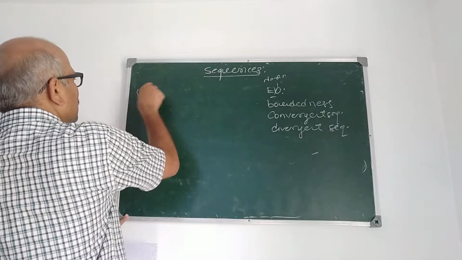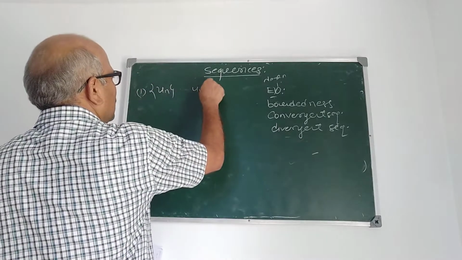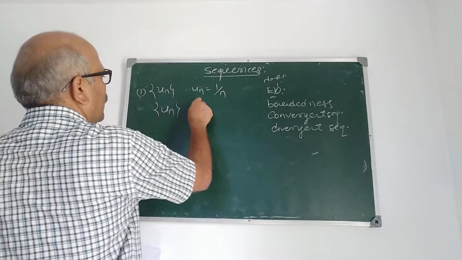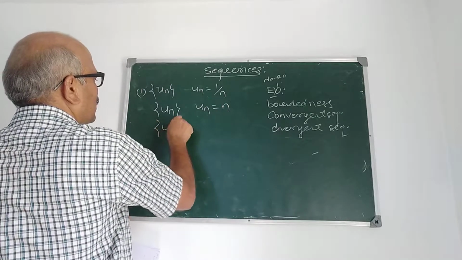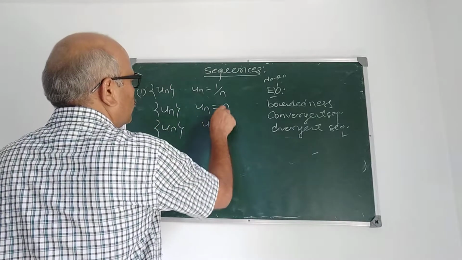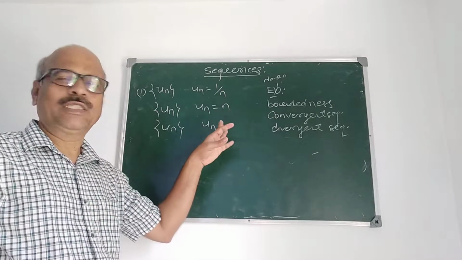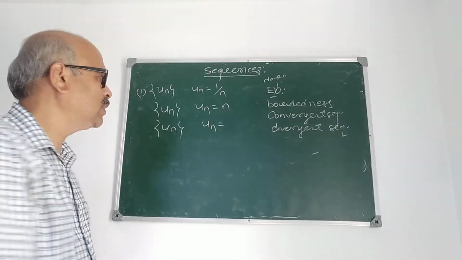First example is the sequence un, where un is 1 upon n. Sequence un where un is n. We know the sequence if its nth term is known, because n takes only natural numbers here.